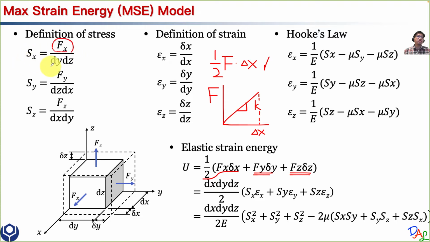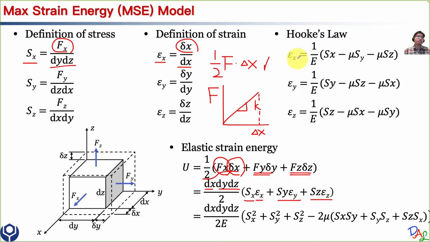Fx equals Sx times dy and dz, so we can replace Fx by what we have right here. Also, delta x equals strain epsilon x times dx. Similarly, you can do the same thing and you will get what you have right here.